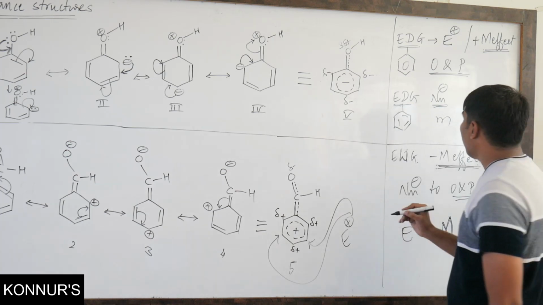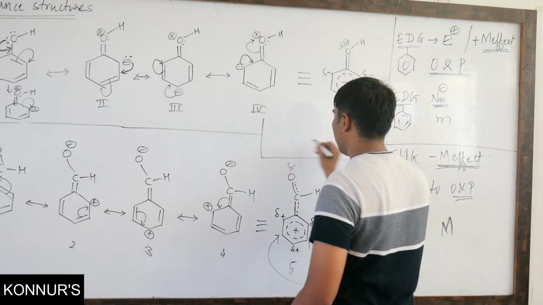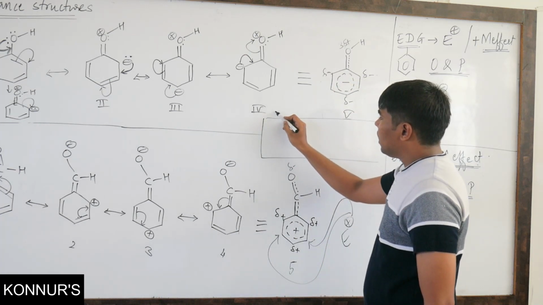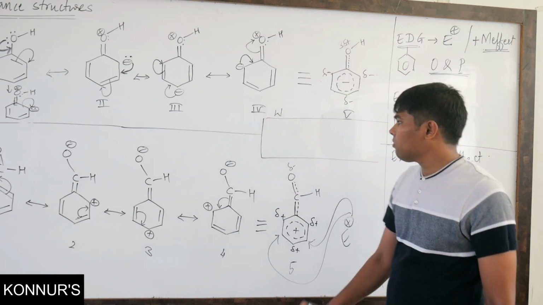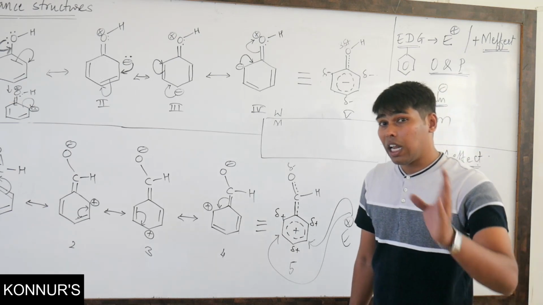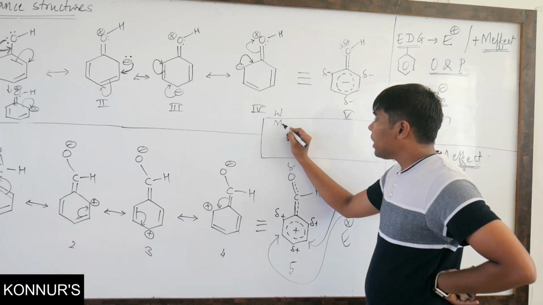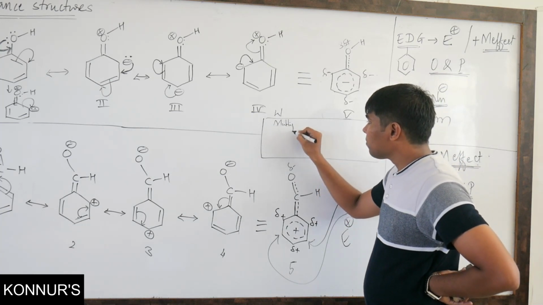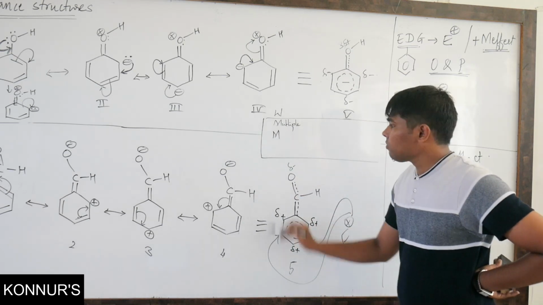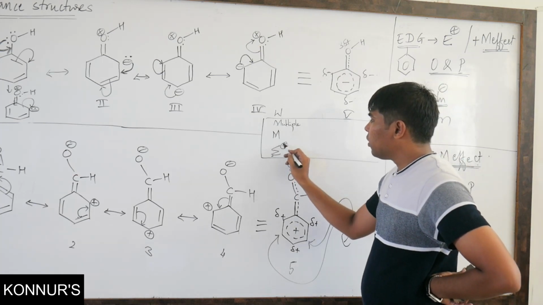Okay, I have told you already the kind of information like this. The withdrawing groups contain a multiple bond, while lone pair containing groups are electron donating in nature. So they contain a multiple bond, and they direct the incoming electrophile to the meta position.